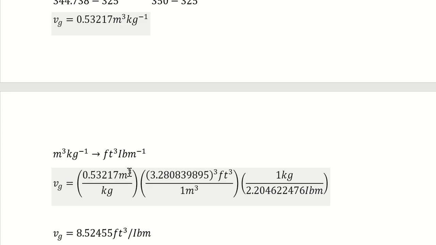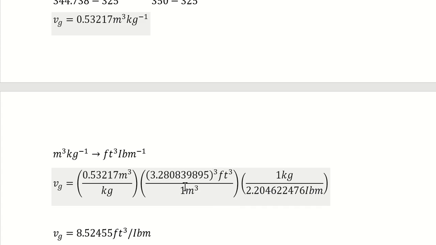But now we're dealing with meters cubed. So you're going to cube this entire value such that these units can cancel. If you say 1 meter is equal to this many feet and you don't cube the value, you are wrong.